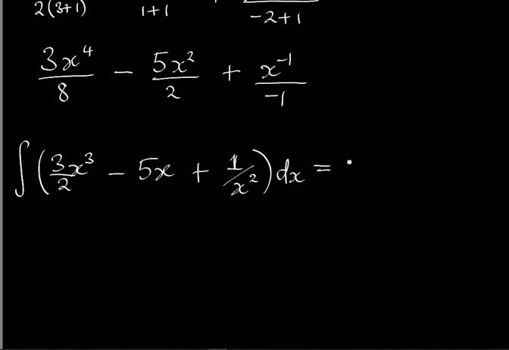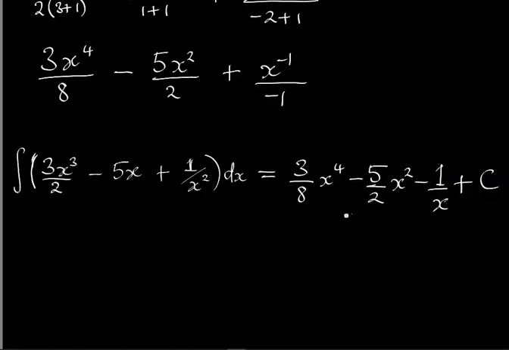And this has given us 3 over 8 x to the power 4 minus 5 over 2 x squared, like that. Then we have a negative 1 over x. And remember, we're supposed to add plus c here. So let me just create some space for that. And here's our solution. Also easy, right?